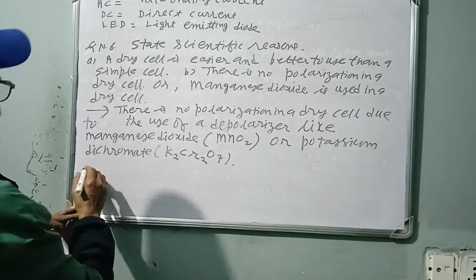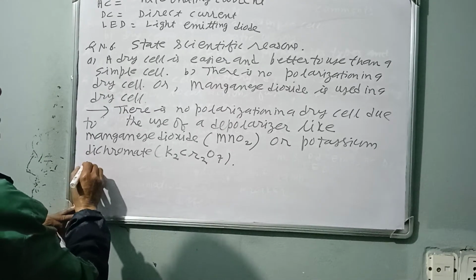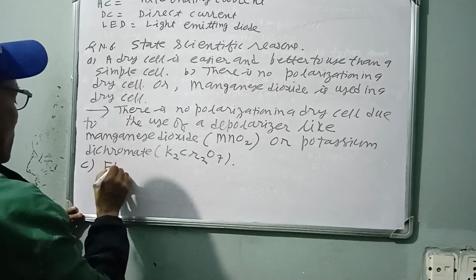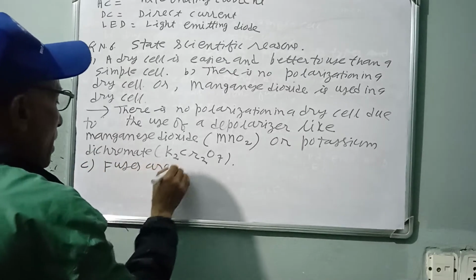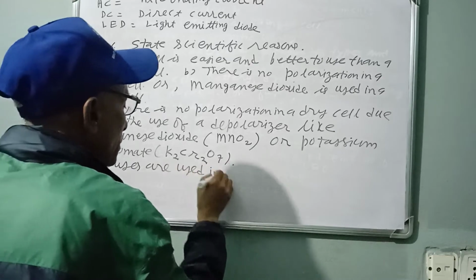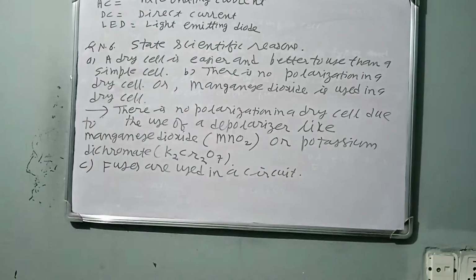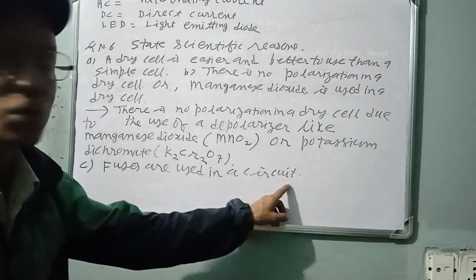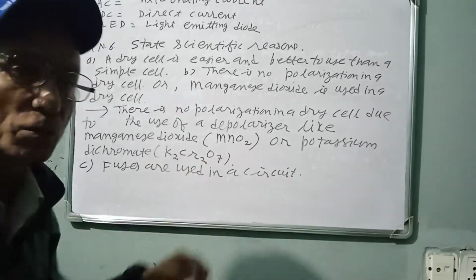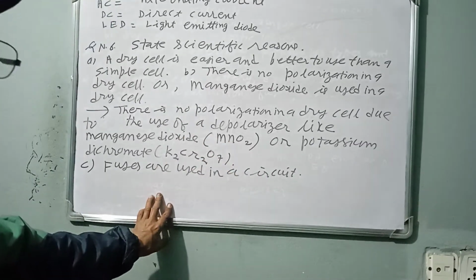Another is also there. C: fuses are used in a circuit. This is very common sense. Why are fuses used in a circuit? If there are no fuses, what happens?